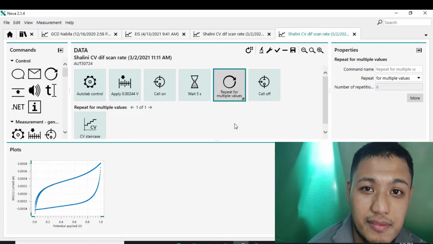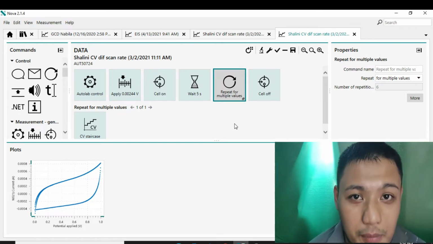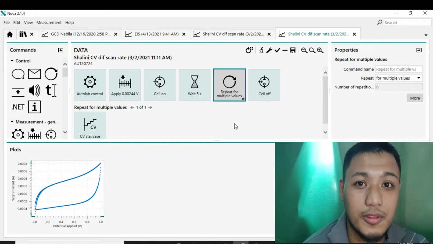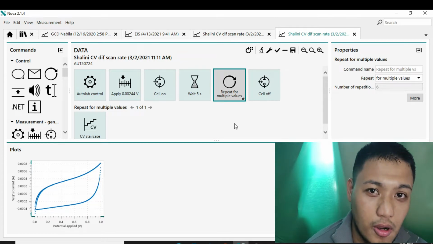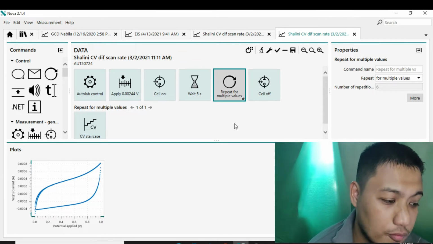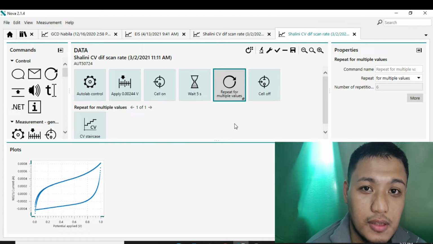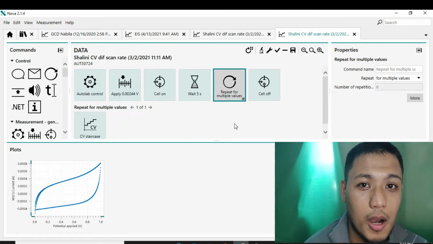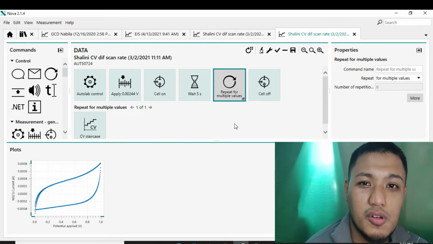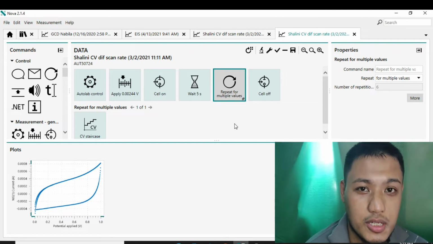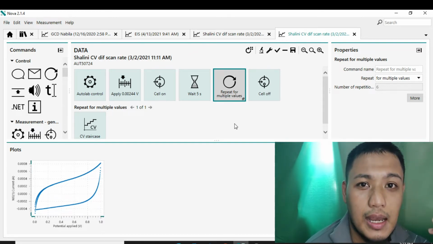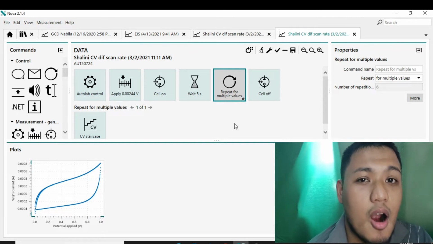If your material is a negative electrode, for example carbon-based, you can run from 0 to negative 1 or even negative 2 to observe the CV curve. So basically it's all about trial and error first. We want to know exactly at what potential window the electrochemical behavior can be observed.